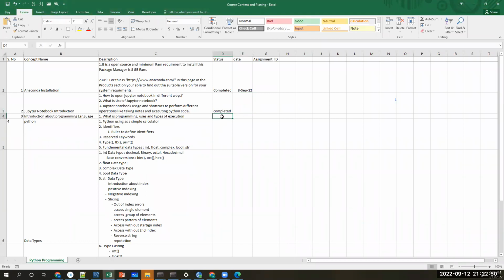Now two types of language will be there. One is compiled and another one is interpreted. Compiled means at the time of execution, first it needs to be compiled. For example, before releasing a product into the market, we do testing and check that everything is working. The compiler will do that.